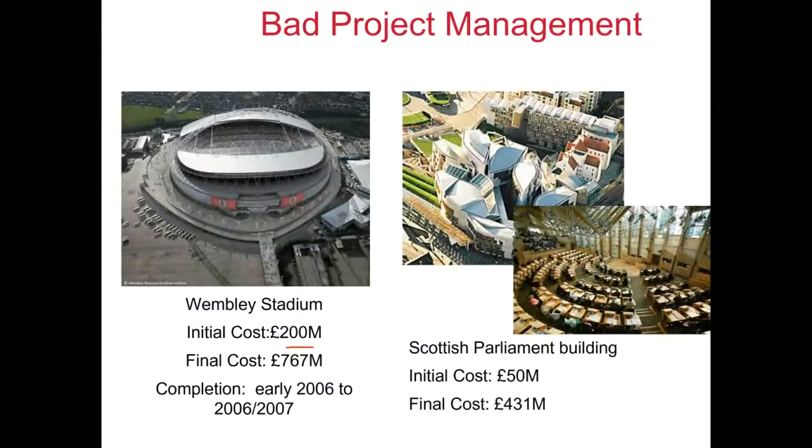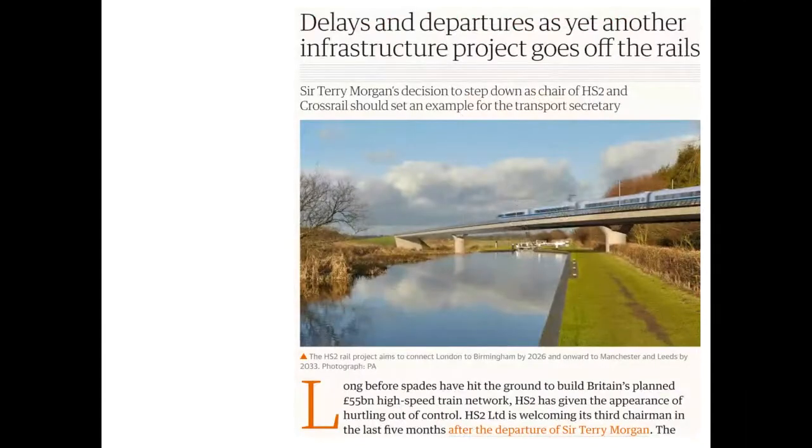So we see a lot of examples of bad project management here. For instance, the Wembley Stadium initial cost was 200 million, and the final delivery cost was 767 million. And you saw in the previous slide the legal battle which took place between contractors, clients and the designers. Likewise, High Speed 2 is in the news these days.